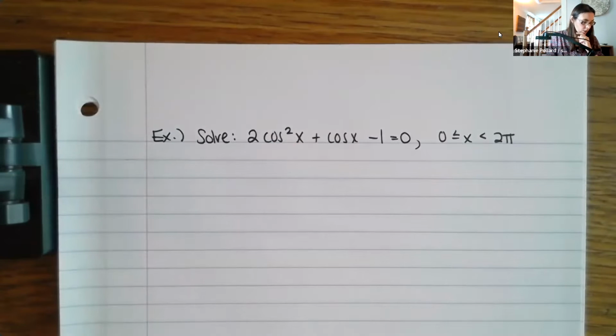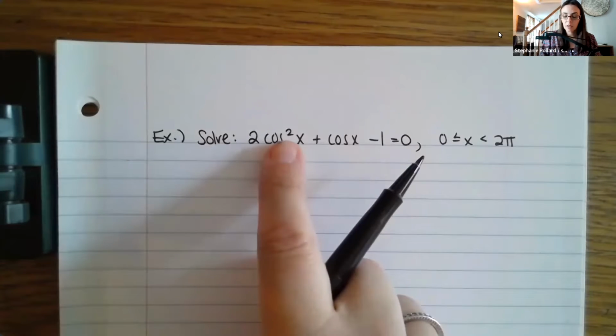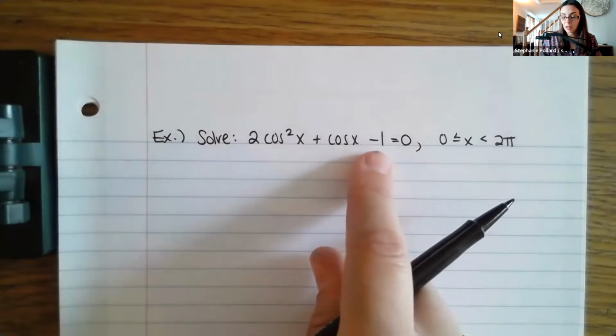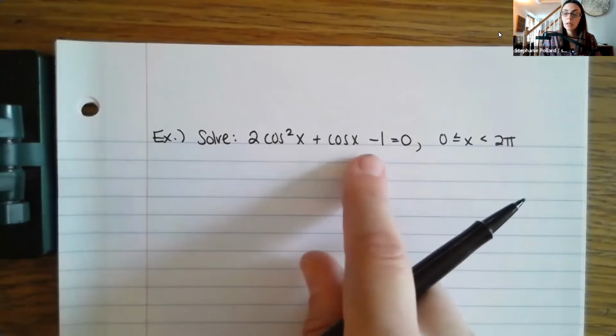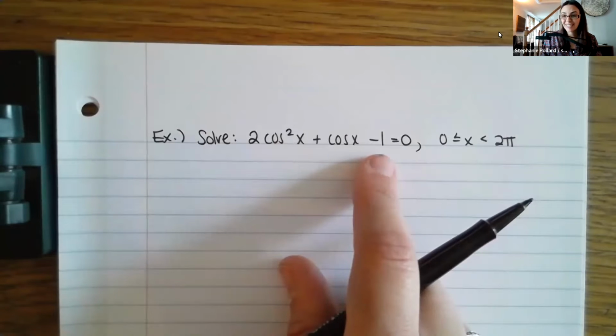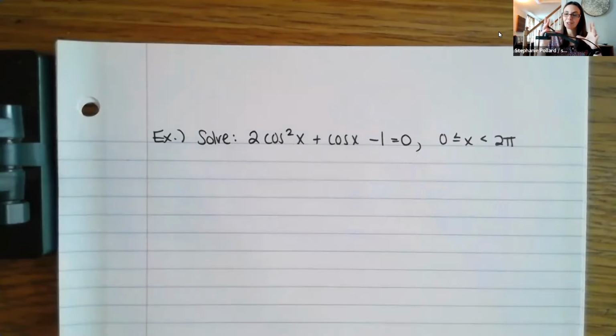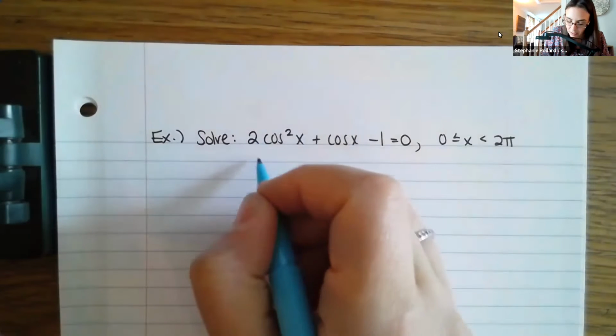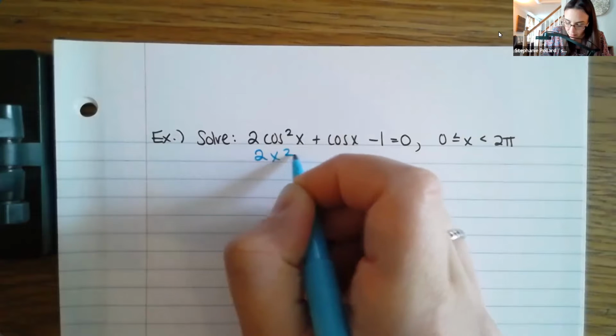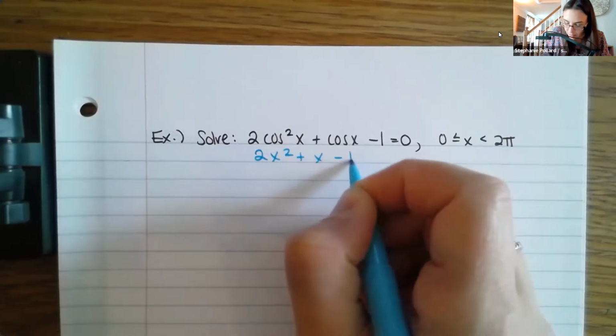So one thing we're going to do here, and a good technique for quadratics, if you can do it, is to factor. Notice that you have a square and you also have a middle term and an end term. So this kind of looks like a regular trinomial, but with trig functions. So it's a little bit harder. It's not really a regular trinomial, but it kind of has that same structure. If you got rid of the trig part, it kind of looks like 2x squared plus x minus 1 equals 0.